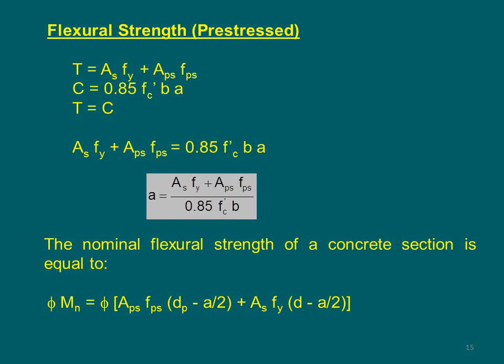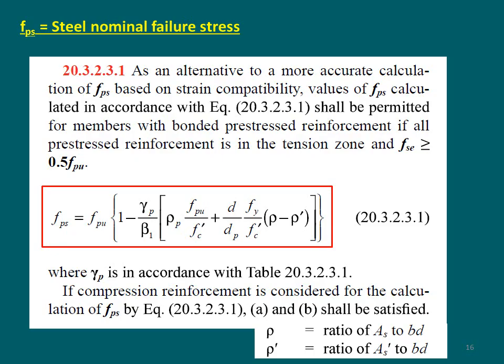Now phi Mn, which is the flexure strength or capacity of the section, is going to be equal to the phi factor multiplied by Mn.